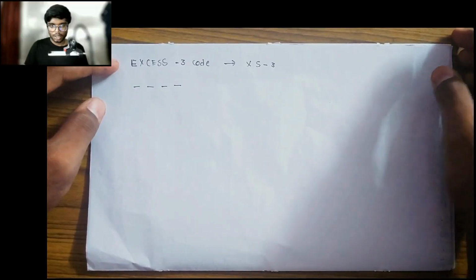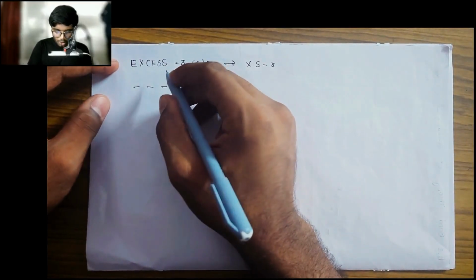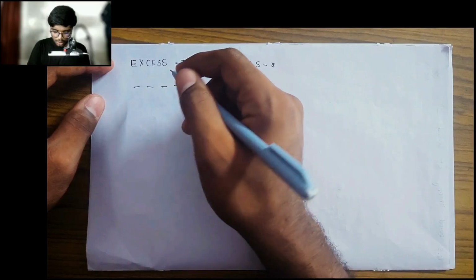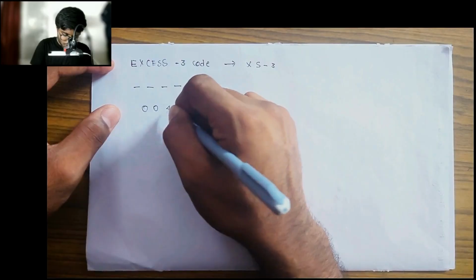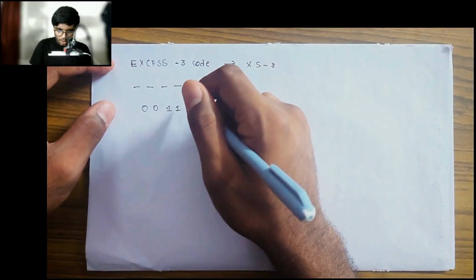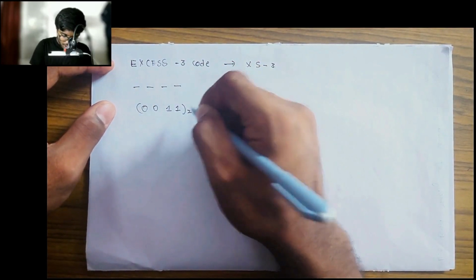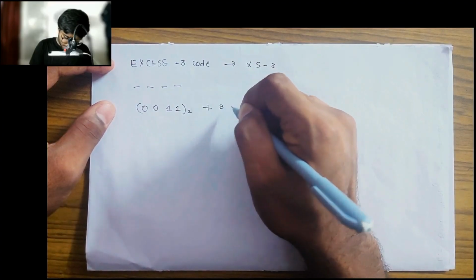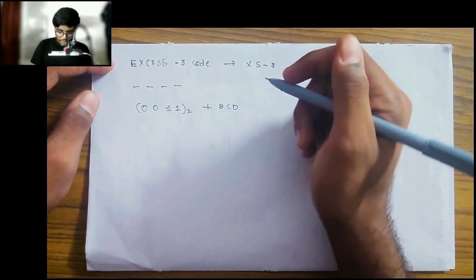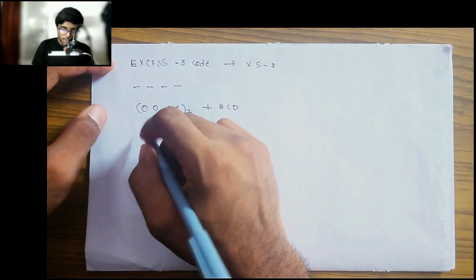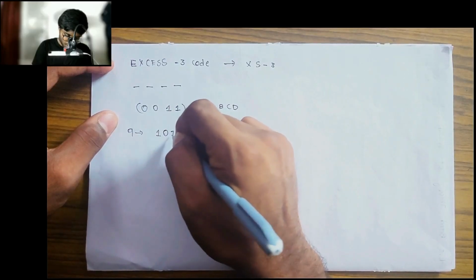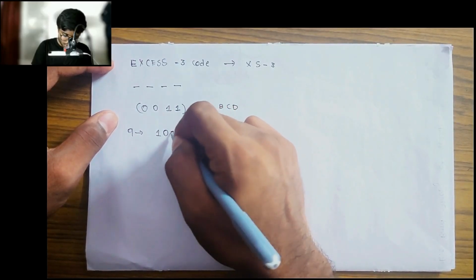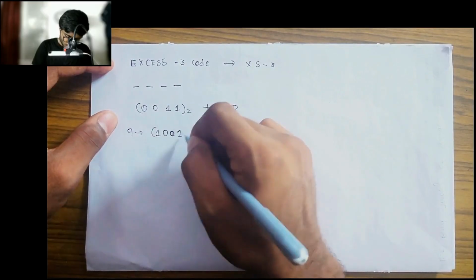So how is it obtained? All the codes in XS3 are obtained by adding 0011 in binary to the BCD code. For example, the BCD code of 9 is 1001.